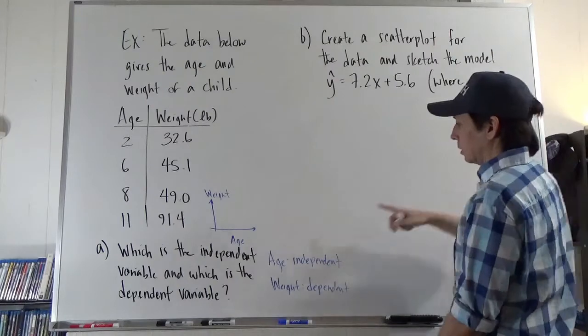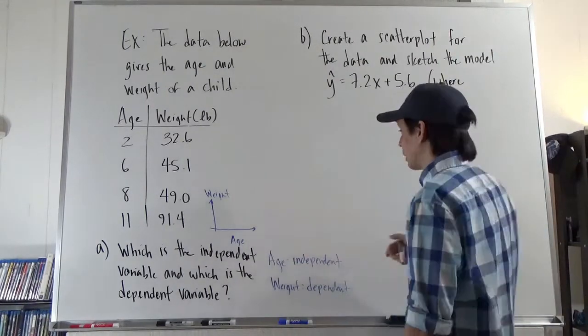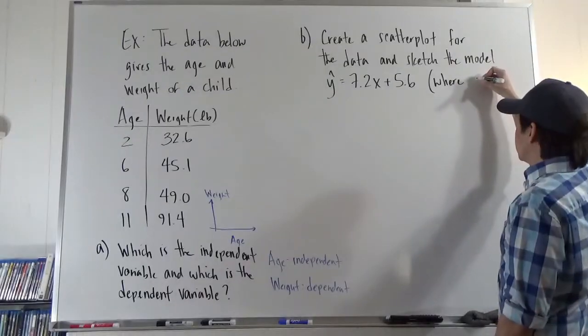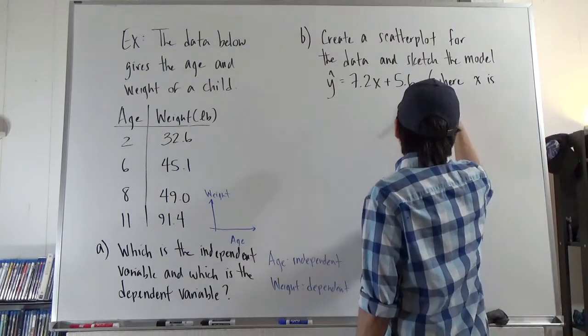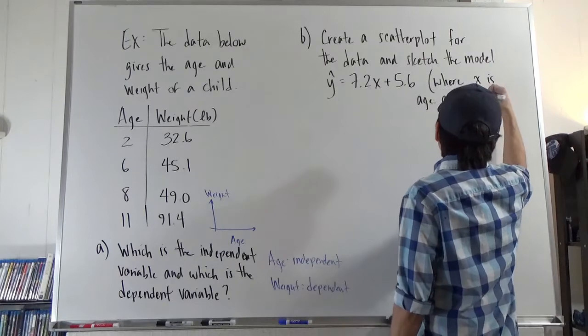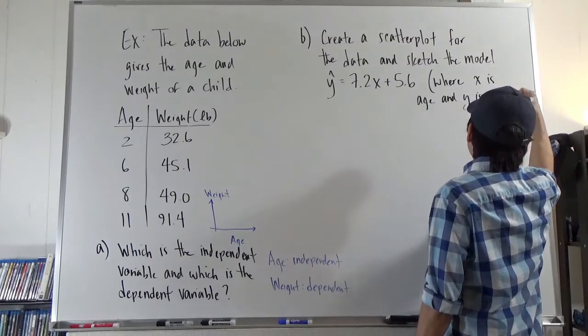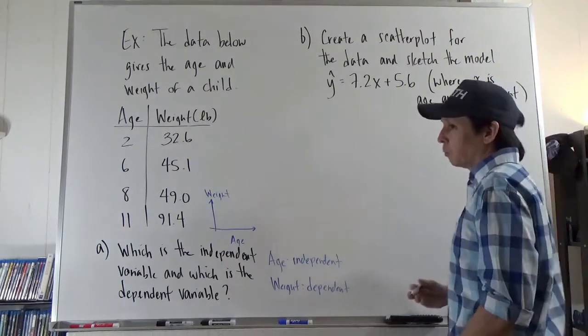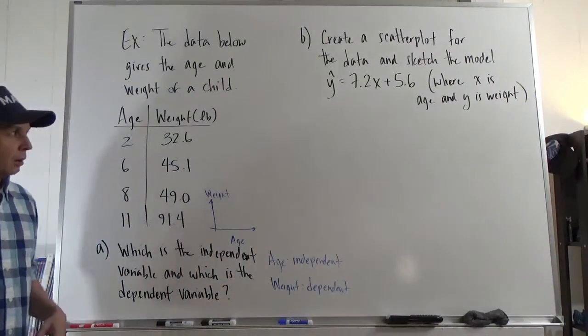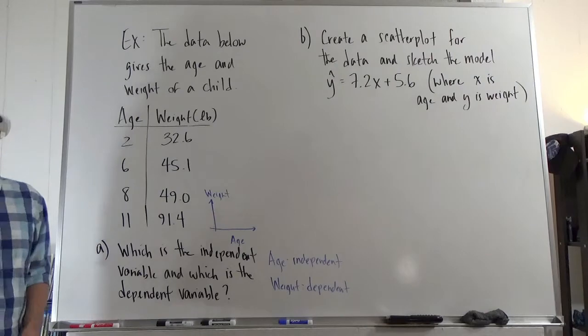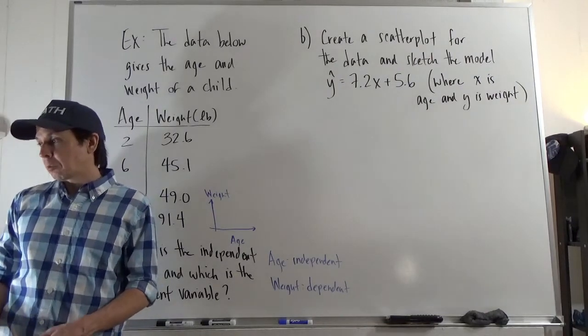I'll make it clear, age is going to be like x, weight's going to be like y, and I didn't specify it here. Just to get us used to these concepts with our more familiar y and x. You will be dealing with other variables later. It shouldn't be too bad, but definitely want to stick with y and x here since we are familiar with it coming from a previous class.